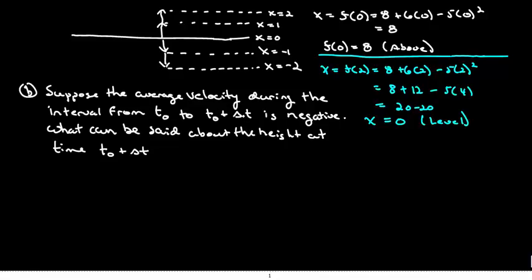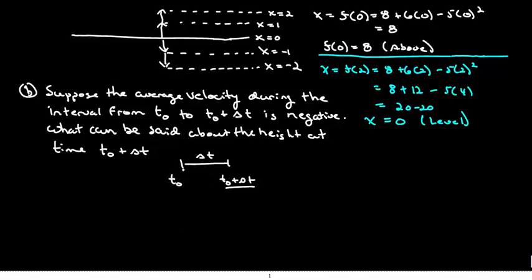So basically, if we look here at our time intervals, we've got t sub naught and t sub naught plus a little bit, where this little bit is the amount of time that took place. So suppose over that interval our average velocity is negative. What can we say about the height at time t sub naught plus delta t?